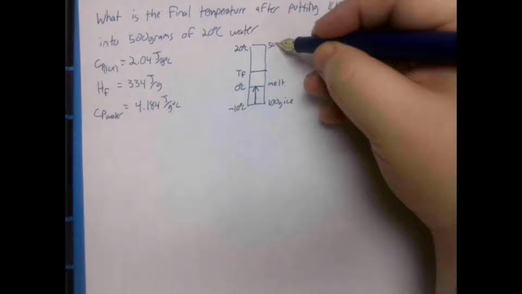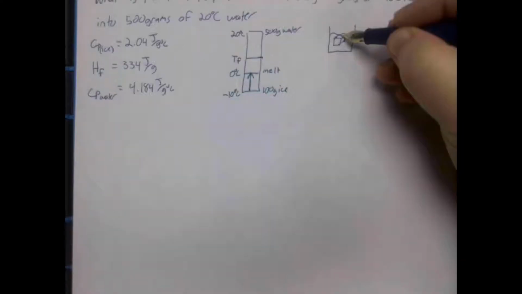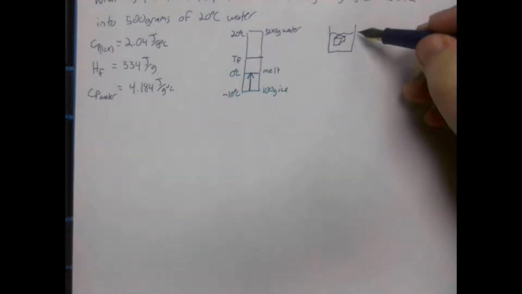Even though the final result looks something like this, we have a container full of water with some ice cubes in it, and we end up with the ice cube melting, and we end up with just water at the end. However, we can separate our system so it looks more like this.